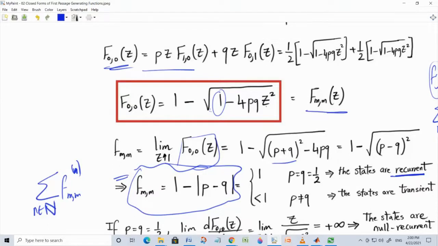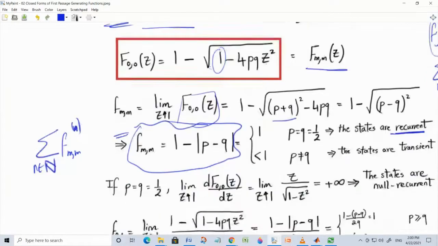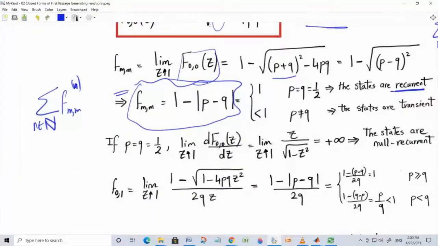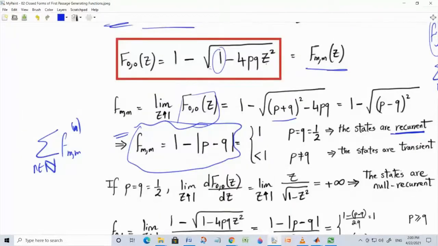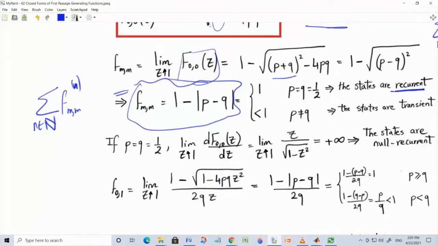In that case you can take the limit, and you will discover that actually it is plus infinity, telling you that the states are null recurrent. So the simple random walk is a nice example in which all the states are null recurrent, and null recurrent states do not occur whatsoever in finite discrete time Markov chains. So now we have an example for them.